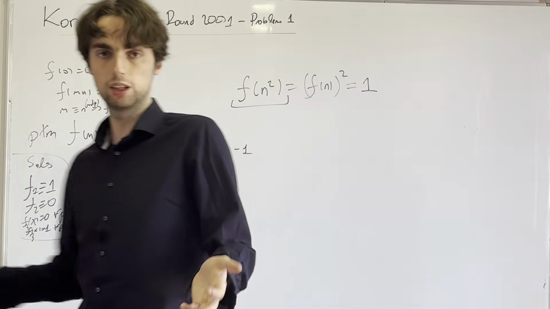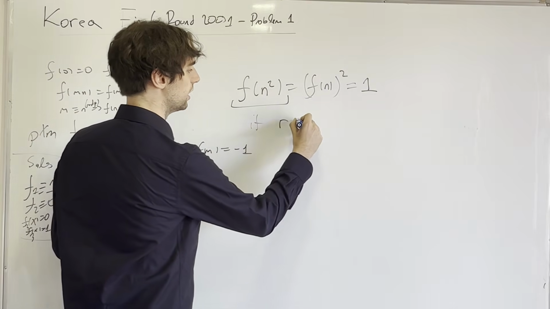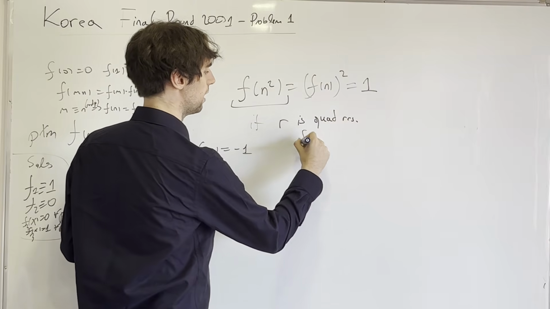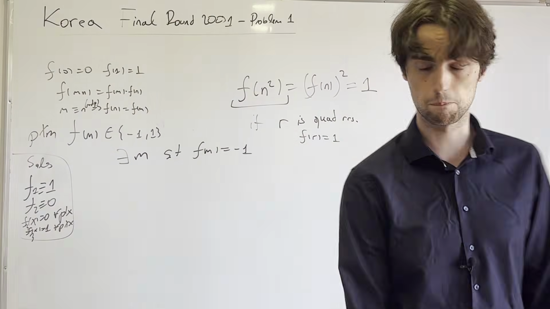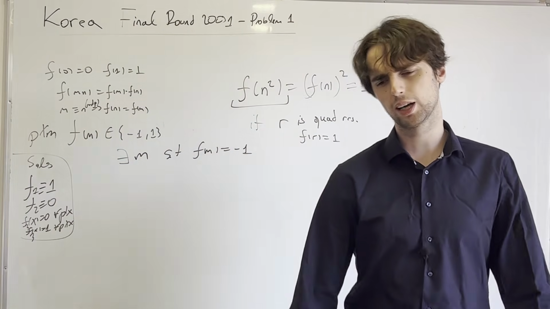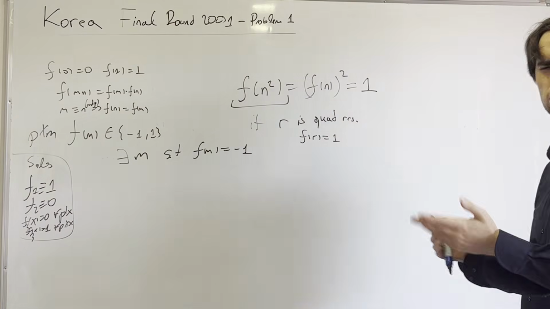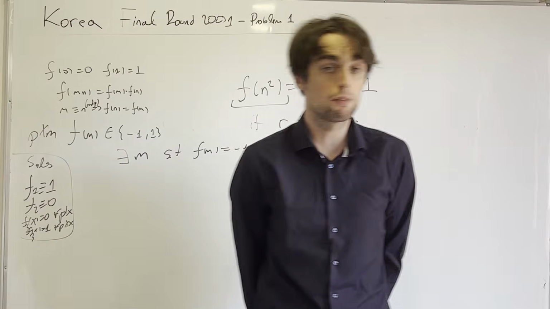This is also the thing that holds true always. If r is a quadratic residue, then we have f of r is equal to 1. Okay. So this m that's equal to negative 1 can only be a quadratic non-residue. I don't know what the correct terminology is. So this is the type of m we could have.